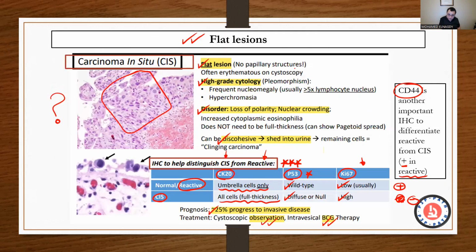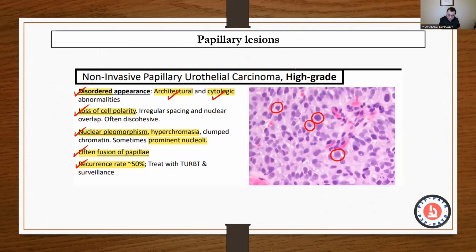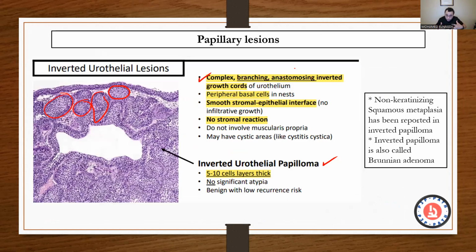Here, look at this, very crowded, very complex, very branching. However, they kind of look like nests, yeah? This is cords of urothelial cells.